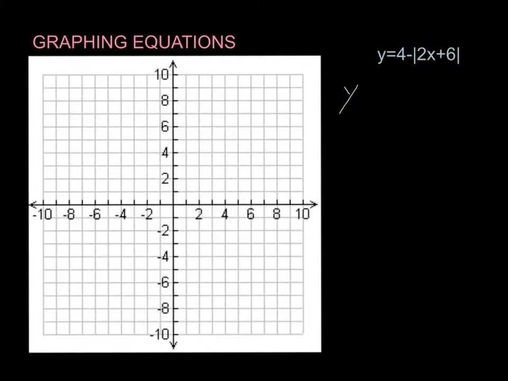So we have y equals 4 minus the absolute value of 2 times 0, plus 6. And we can simplify that. Y equals 4 plus 2 times 0 is 0.